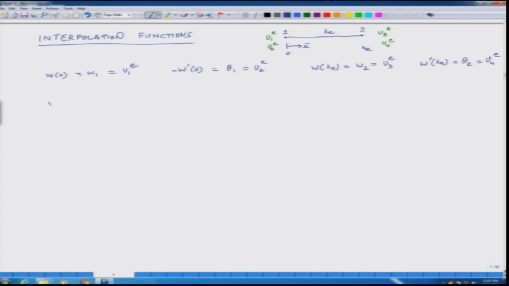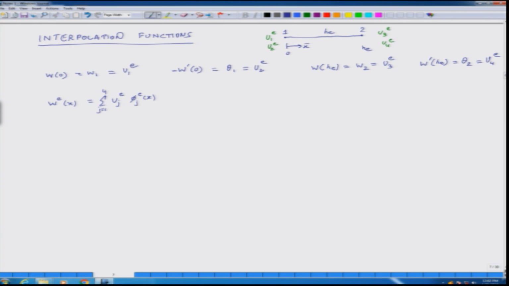So, now we say that W is the displacement, it is a function of x, and this equals the sum of UjE times some approximation functions, j equals 1 to, and in this case there are a total of 4 degrees of freedom.